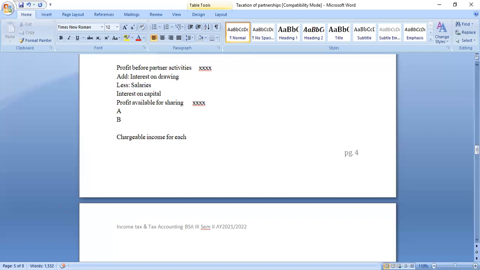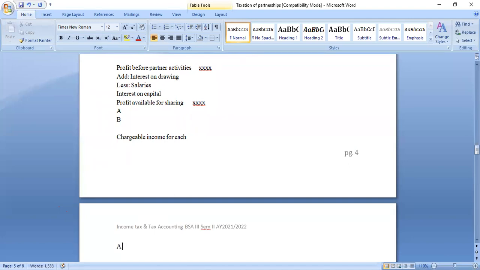If they have any other incomes outside the partnership, say somebody has dividends, someone has interest, maybe a motor vehicle, whatever benefit he has outside the partnership, it's supposed to be included, including any benefits that he gets from the partnership, like salaries. If he's driving a car of the partnership, those are benefits. We add them together if you're charging him.